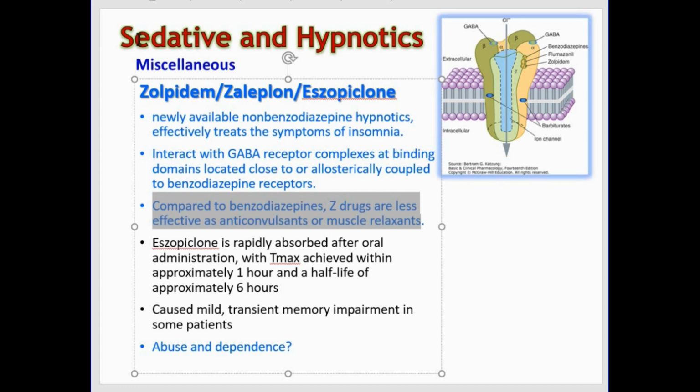Remember, benzodiazepines have multiple effects like hypnosis, sedation, muscle relaxation, and anticonvulsant. These drugs don't have anticonvulsant and muscle relaxant effects. They have a sleep-inducing effect. When these drugs were introduced into the market, they were labeled as non-abusable, but now we know that's not true. People still abuse these drugs too.